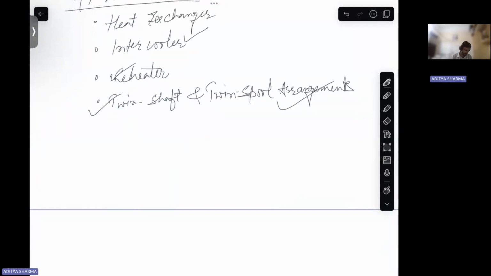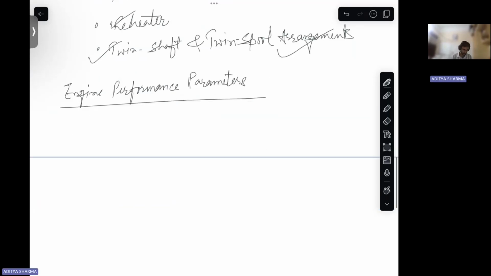So, engine performance parameters. I can draw and display this diagram. The rest can be handled.